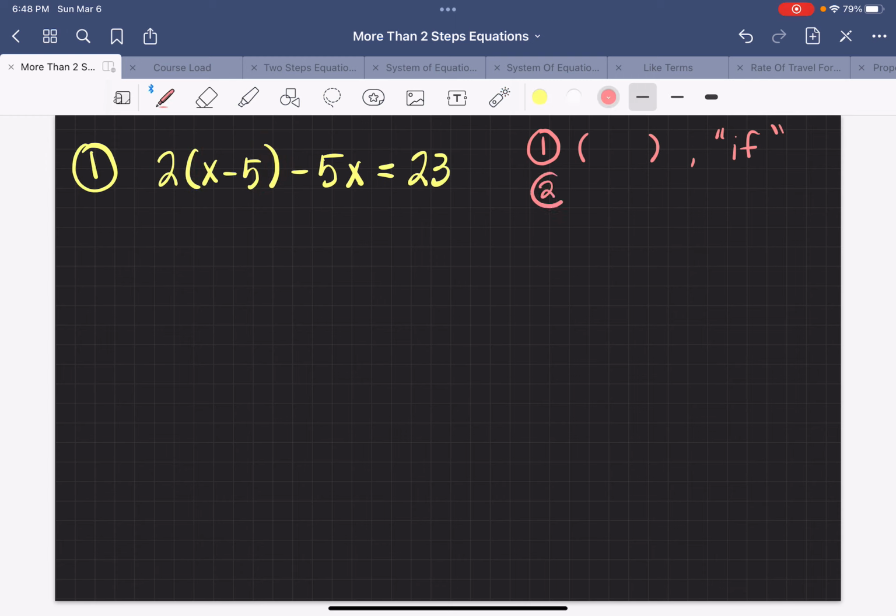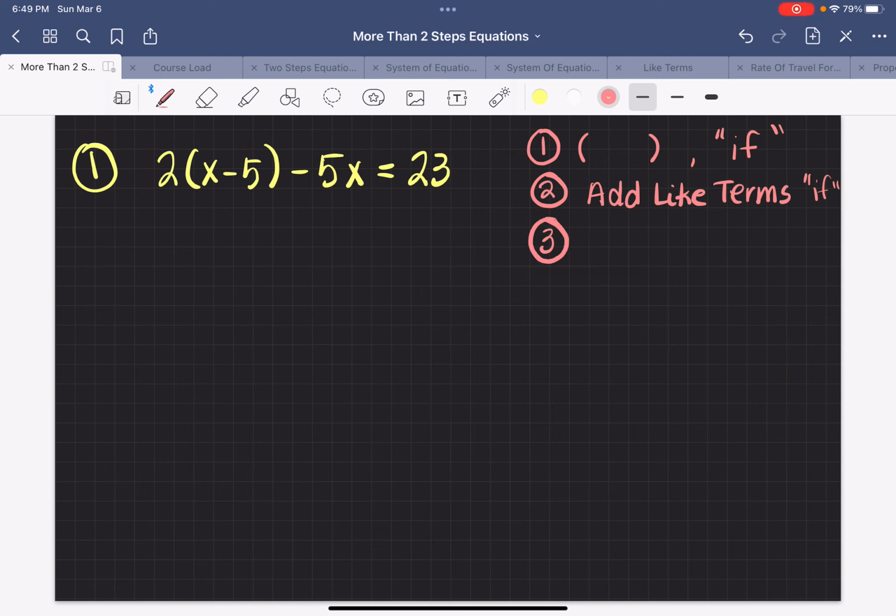The second step will be add like terms. And again, I'm going to write "if there are any like terms to add on either side of the equation," which we will also have in this equation.